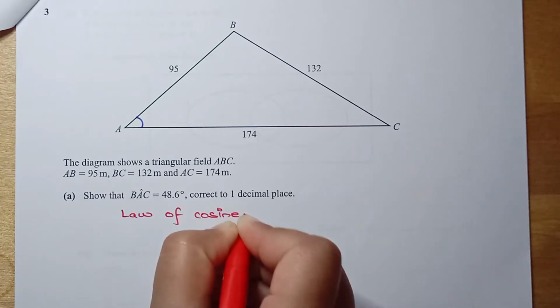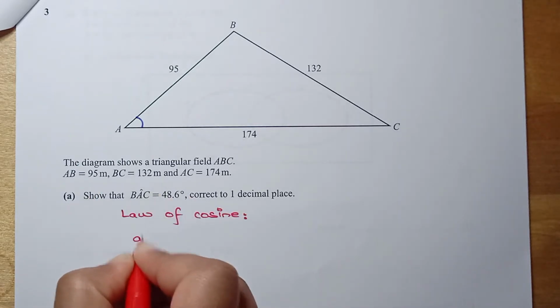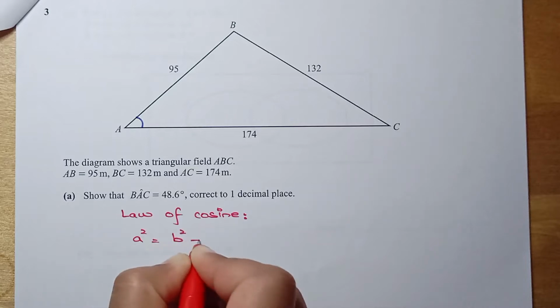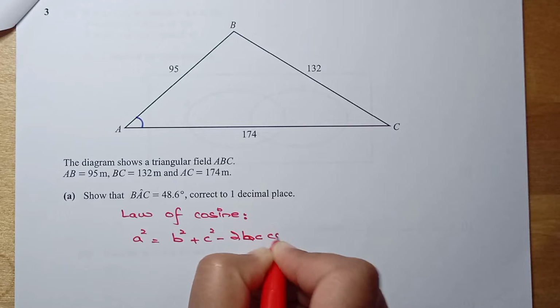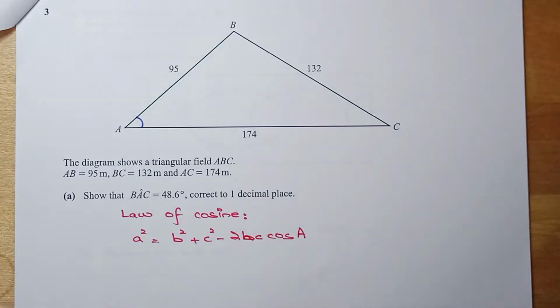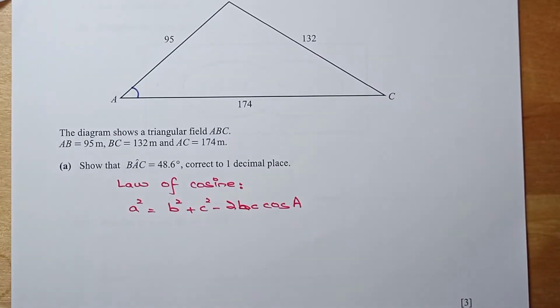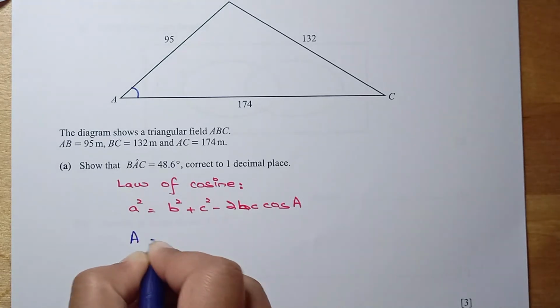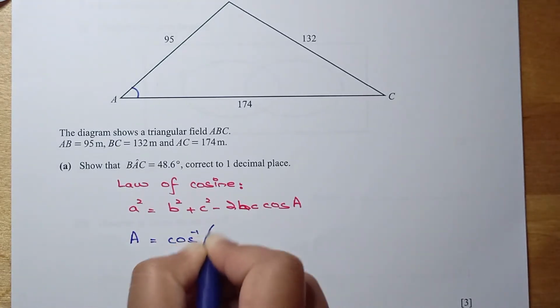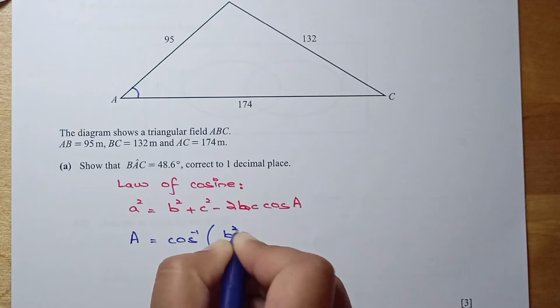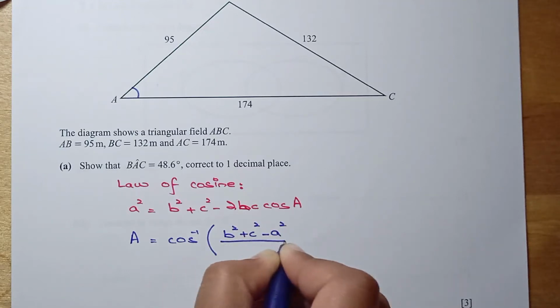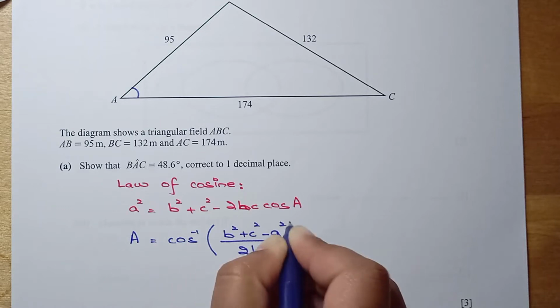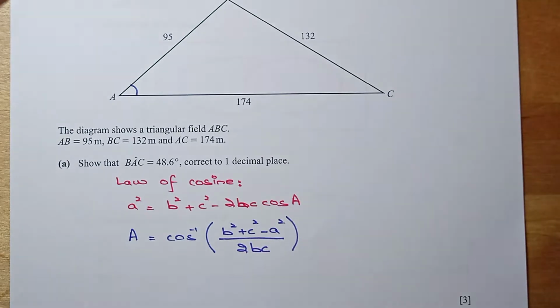Since we need to find angle A, we can say A squared is equal to B squared plus C squared minus 2BC cos of angle A. Okay, and for angle A, we can say cos inverse of (B squared plus C squared minus A squared) divided by 2BC. Okay, so let me substitute the values.